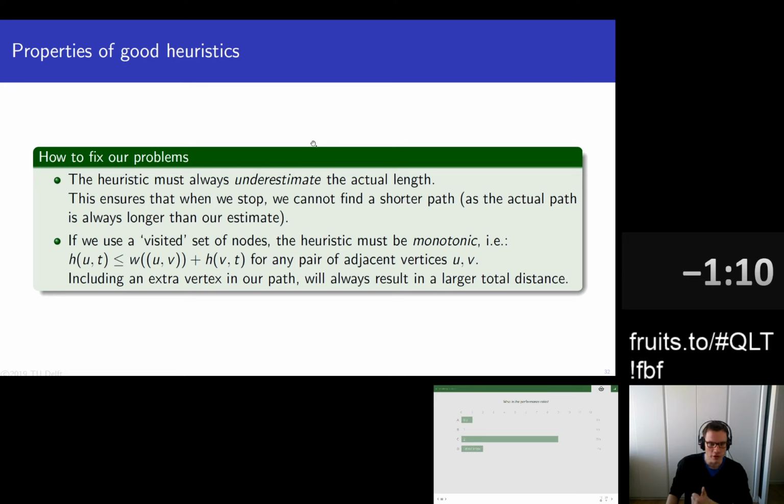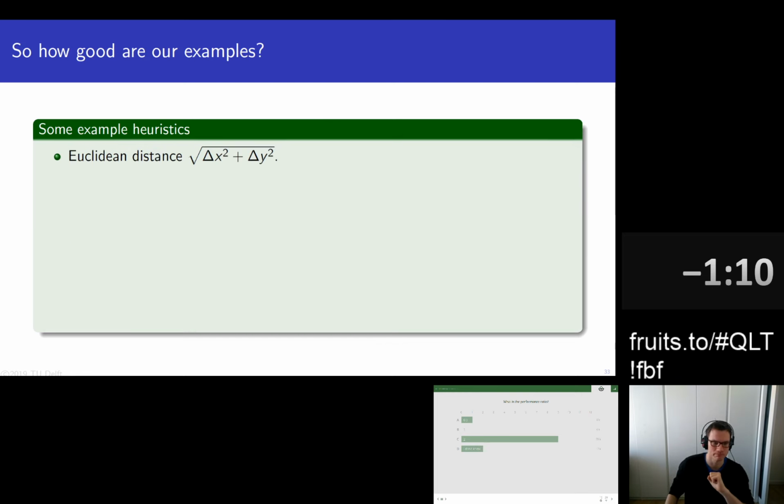So heuristics must underestimate the length, and they must be monotonic consistent, right? Going via another vertex can never make our path smaller. Now then, these examples that I showed you, Euclidean distance, is that a good measure? Well, yes, assuming that the graph is in a Euclidean space, right? Then the Euclidean distance is a good heuristic.